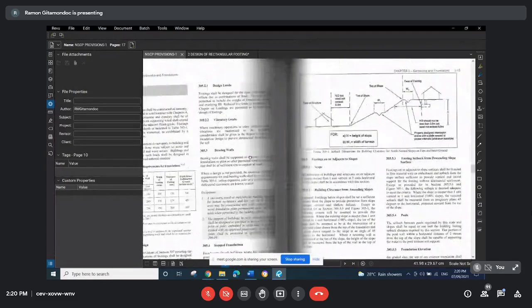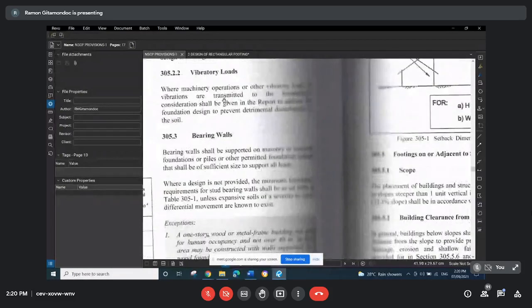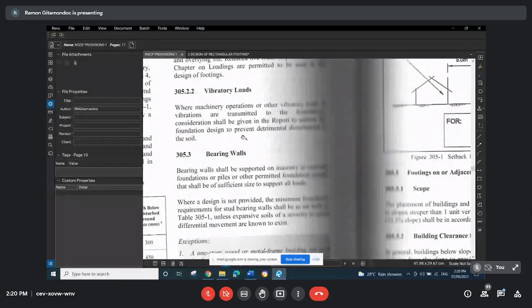Okay, so what else do we have? You have also vibratory loads. Because in the long run, vibratory loads will cause the soil to settle, no. So that has to be addressed.